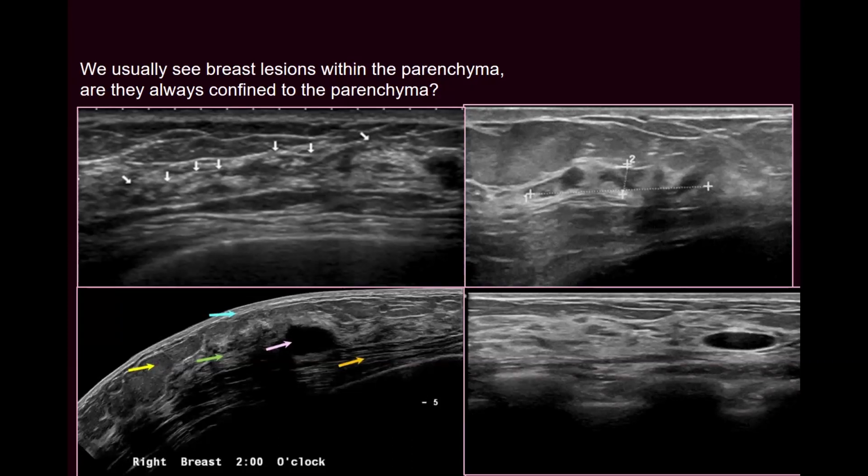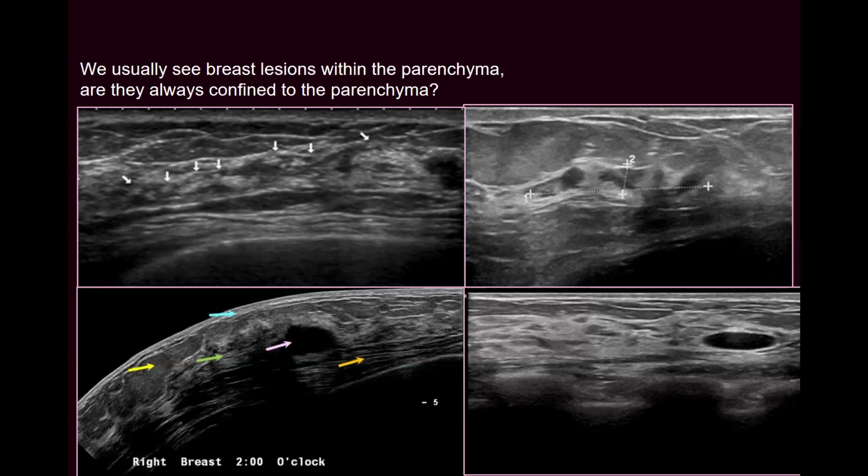If you have a patient presenting with a palpable abnormality, what are the differential diagnoses? Could you expect to find something not arising from a duct or terminal duct lobular unit, or does it have to arise from these? Yes, you have other lesions arising from other structures. What, like what?